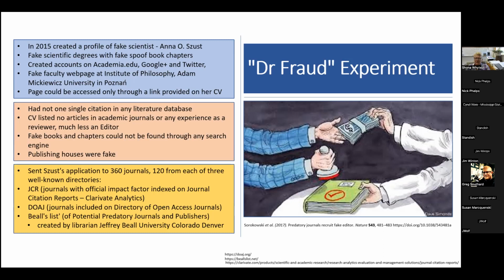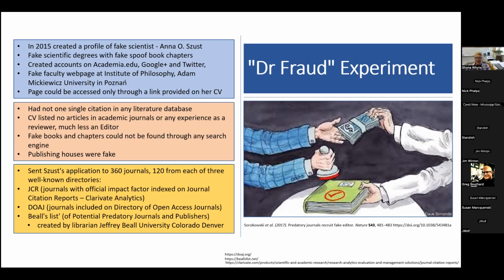So the JCR, which we're going to call our control group, because these are the journals with the official impact factor that's indexed in Journal Citation Reports, which is controlled by Clarivate Analytics. They're the group that essentially takes all the information from journals, assesses how well they're doing compared to each other, and generates impact factors.